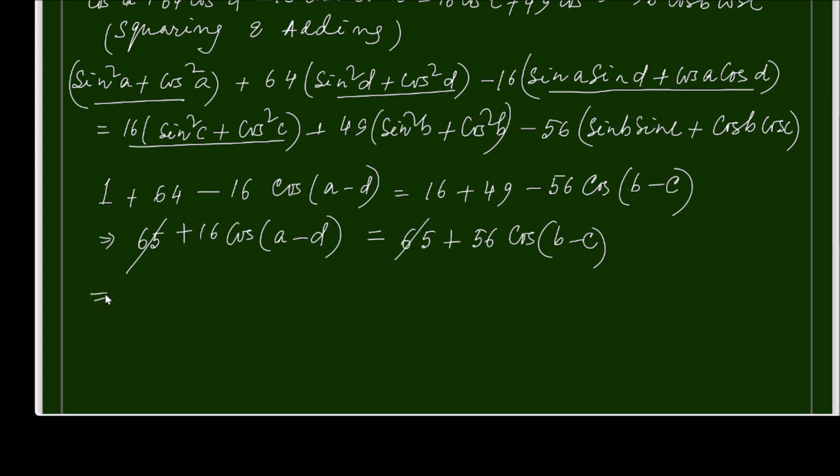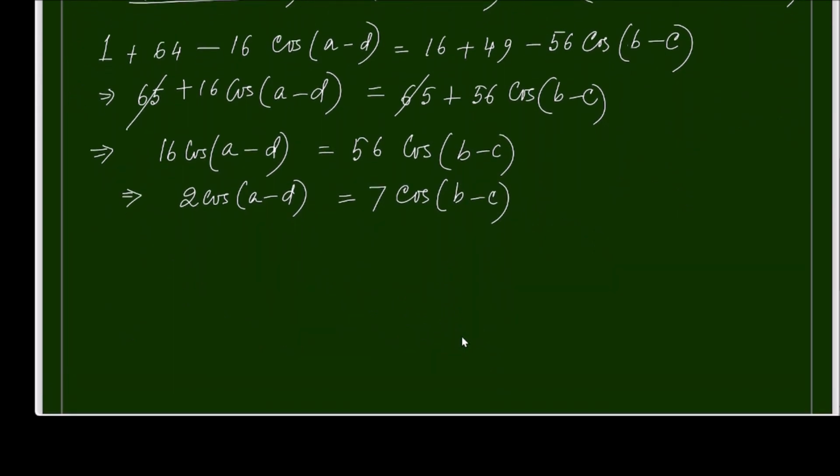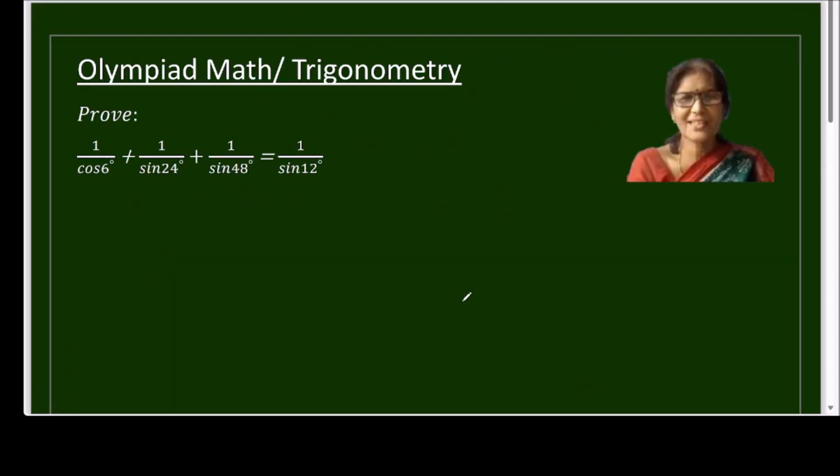On the next line I'm getting 16 cos(A − D) is equal to 56 cos(B − C), cancelling by 8. So twice cos(A − D) is equal to 7 times cos(B − C). Hence it is proved.